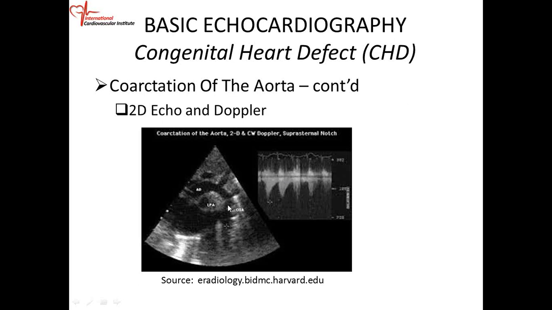But again, you cannot see that there's a narrowing, so that's why you have to put your Doppler in to determine if there is a significant narrowing. The narrowing can be post-ductal, or right at the left subclavian, or just before the left subclavian.